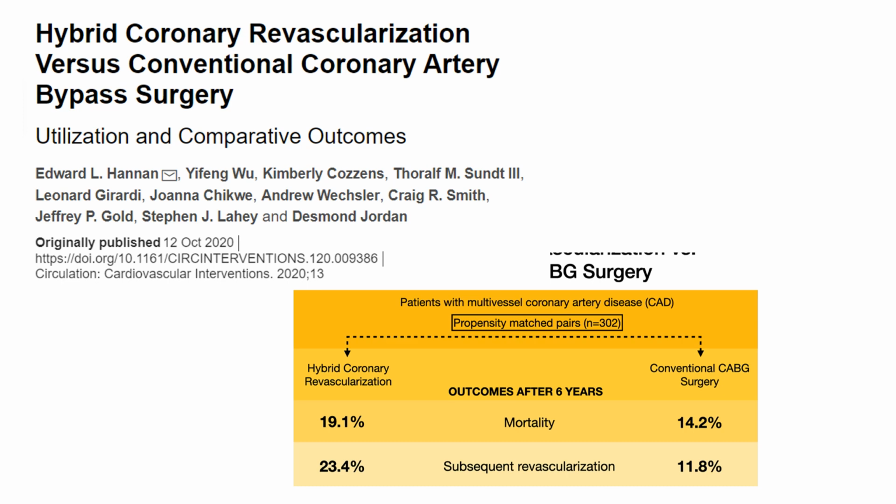So on the right-hand side, you see conventional, where all vessels have the bypass, versus the hybrid, and you'll see that after 6 years, 14% versus 19%, and subsequent revascularization, 12 versus 23%, is really quite remarkable.